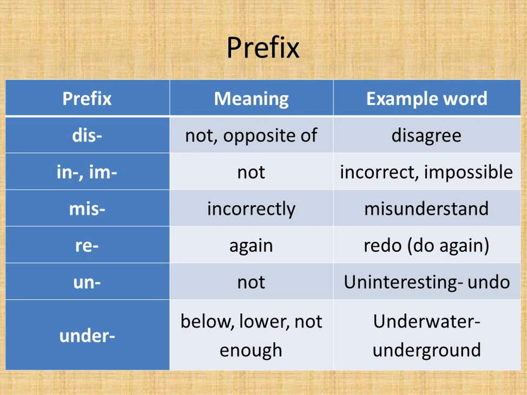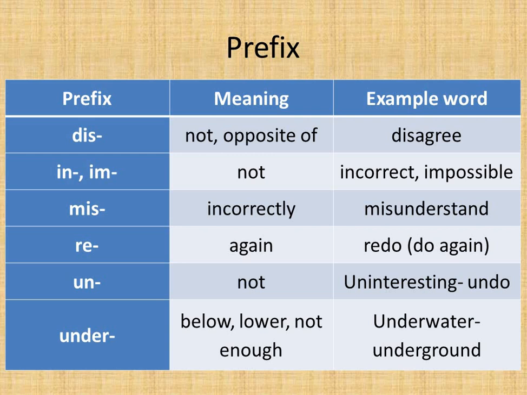If we say agree, for example, and I add this, so this is the opposite of agree, it is disagree. If I say possible, the opposite is impossible. We just add im at the beginning. Correct, we add in and it is incorrect. So this prefix in or im means not.